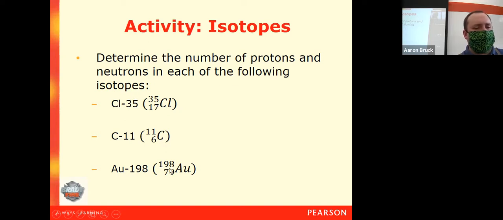And they give us the same information because, again, if I know the elemental symbol, I should already be able to figure out what the atomic number is, since it is on the periodic table with that symbol.